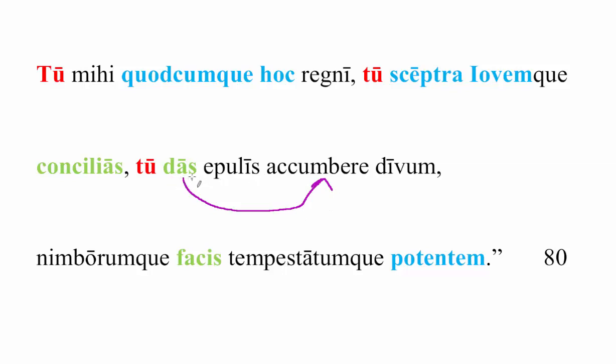You grant to me, mihi, still mihi, the ability or power to recline at the feasts of the gods. Divorum again. A quick note about epulis. This epulis right here is again a dative, not an ablative, because of the prefix on accumbere. All right, prefixed verbs take datives, and the note tells you that epulis is a dative.